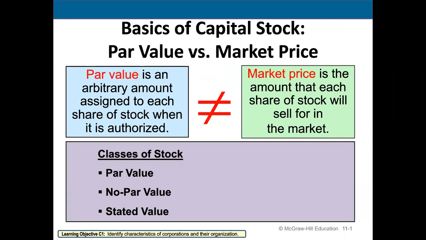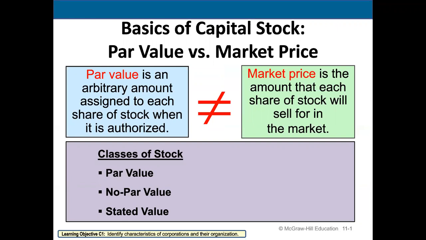There are a couple of concepts that are important to understand. The first is terminology that you'll see. One is called the par value of a stock, and that is not the same thing as the market price of the stock. The par value is this weird value that many states require corporations to put on their corporate charters. You'll see $1 or something like that, and it doesn't mean anything.